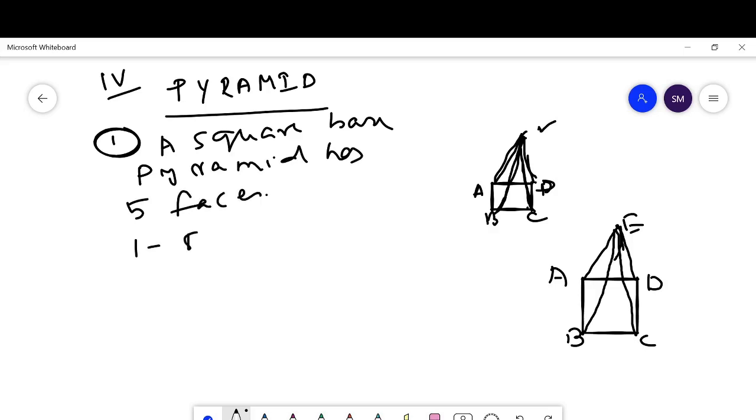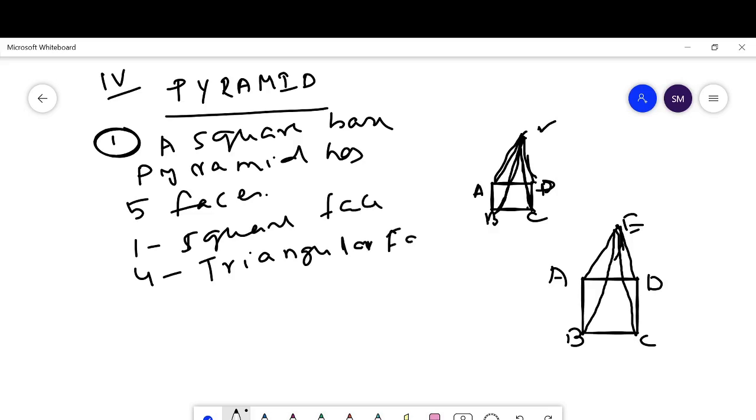One square face and the other 4 are triangular faces.